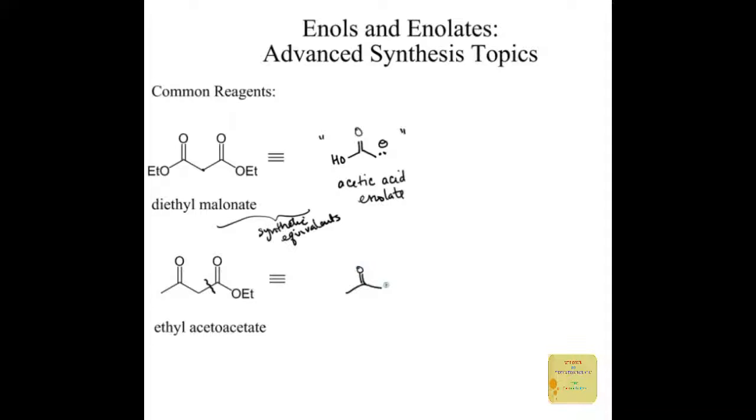So this is a very nice reagent to use to be the acetone enolate equivalent. Because enolate of acetone is not so easy to use. It's very reactive. It's a pretty strong base, and so the yields in its reactions are not very high. So instead what we do is we add an ester group on here to act as an activating group to help stabilize the enolate intermediate, and then we have higher yielding reactions and we can remove that group and we're done.